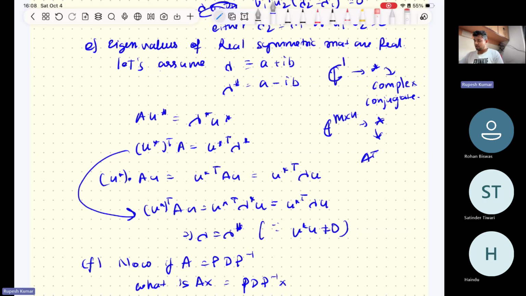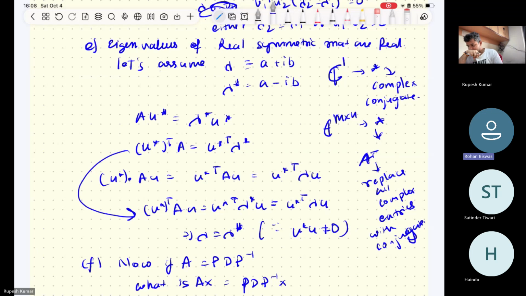In this operation, first you do the simple A transpose operation and then replace all complex entries with their conjugates. This gives you the Hermitian of a matrix. Is this clear? So whenever you do a transpose operation on a complex matrix, you use the Hermitian operator.